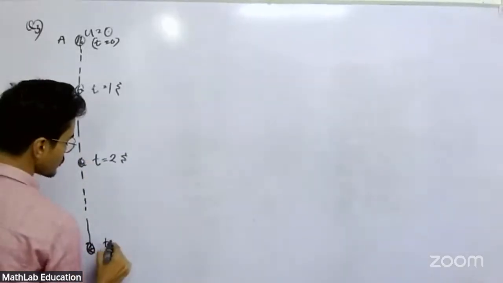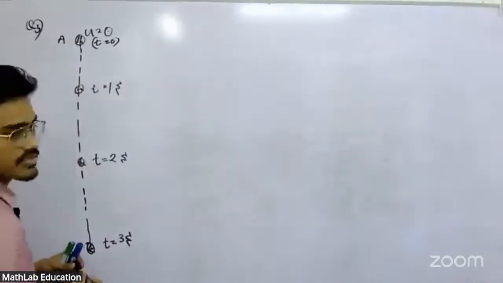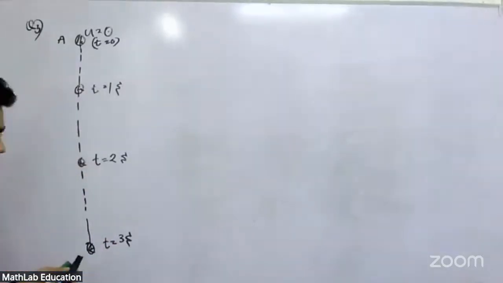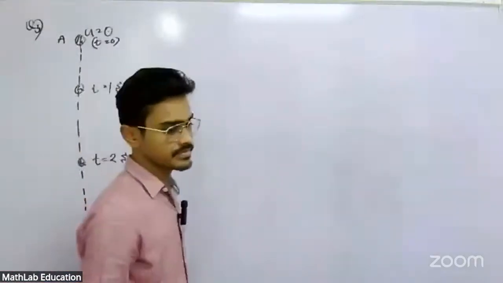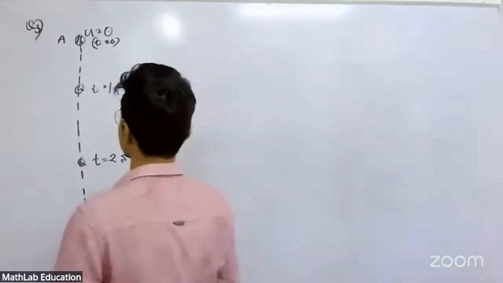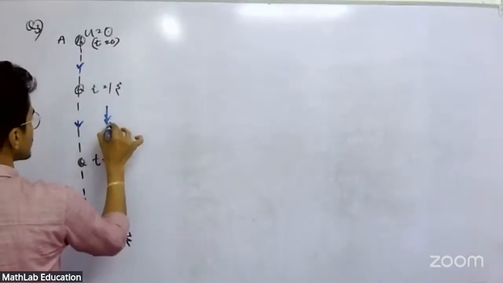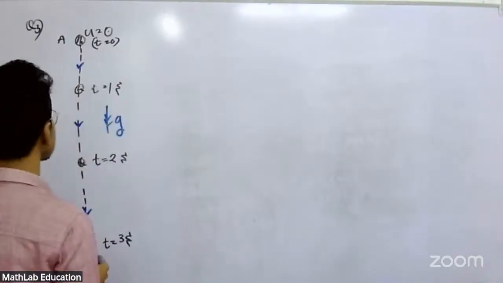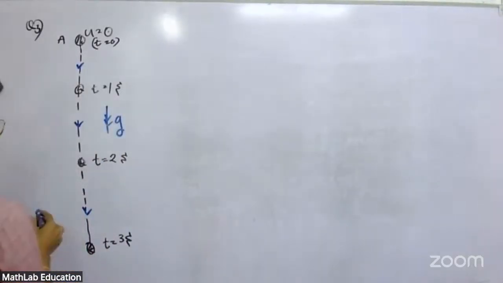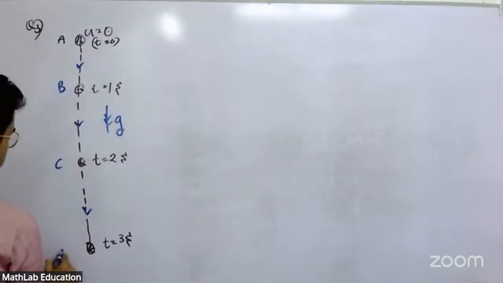And from t equals 2 to t equals 3 seconds, this is the third second of the motion. So it is moving downwards under gravity, so it undergoes gravitational acceleration throughout the motion. For my identification, I label this as A, B, C, D.